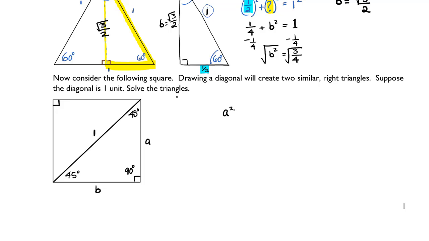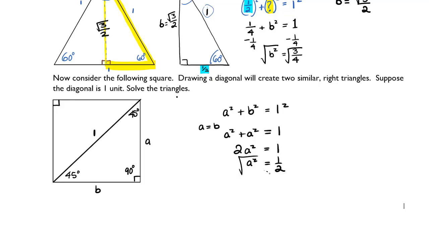So that means if you have a squared plus b squared equals 1 squared, and we know that a equals b, then if we just replace one with the other, we'll have a squared plus a squared, because they're equivalent lengths, equals 1. This means that 2a squared equals 1, and a squared equals 1/2.